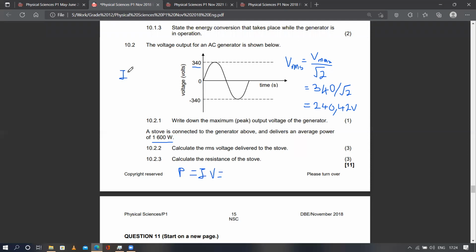I know that current is voltage divided by resistance. So to remove the current, I'm just gonna substitute voltage and resistance, so I'm gonna have V squared over R.